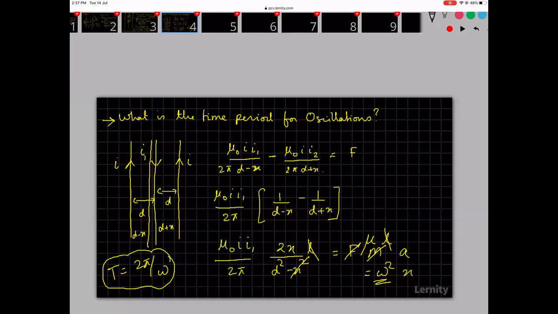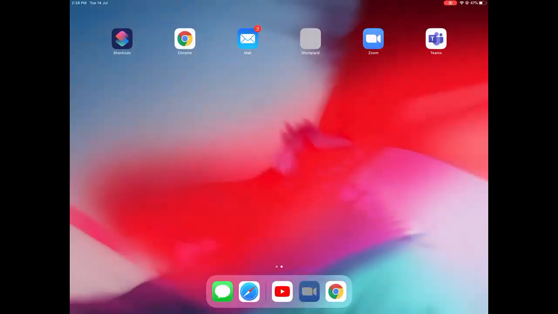The net force acting on the body is equal to MA. Mass is mass per unit length into L. So get the value for omega square. Once you get the value for omega square, T is equal to 2 pi by omega.